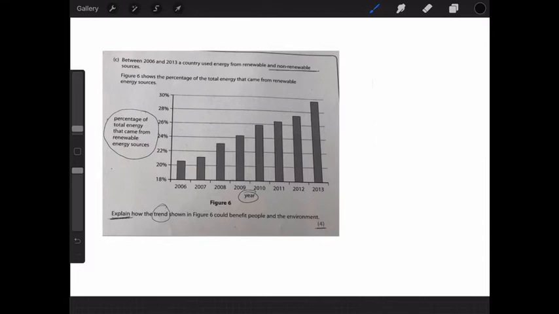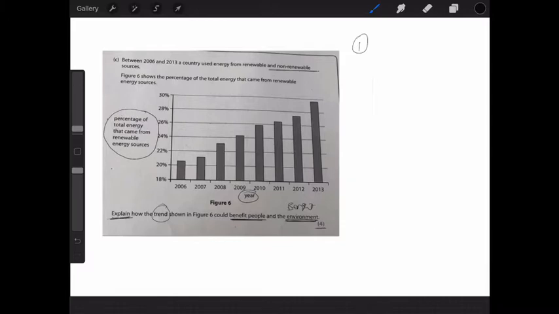So we've got to look at the trend, and we've got to look at the benefit to people and the benefit to the environment. Oh, benefits hasn't got 2 E's in it. There we go, sneak that in. So first thing I would do, number 1, first mark, I would talk about that relationship, that trend.